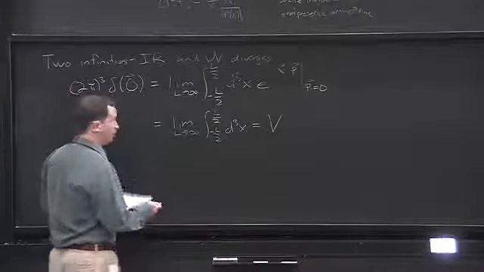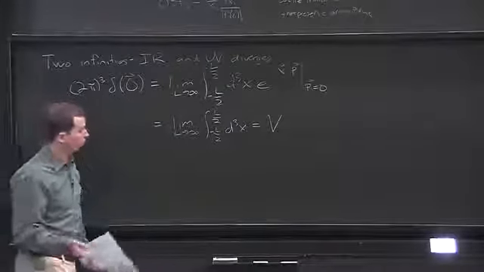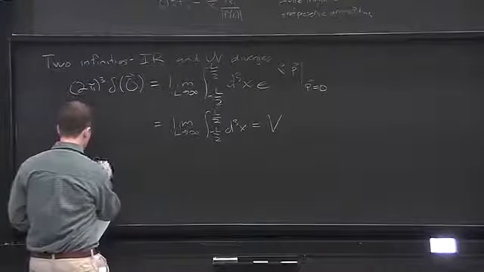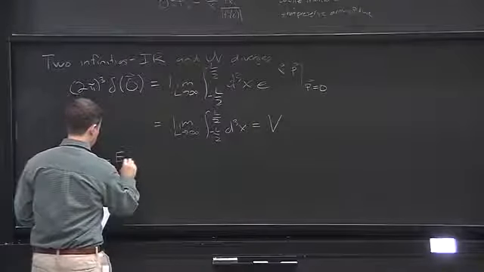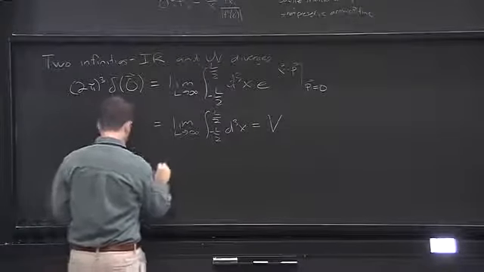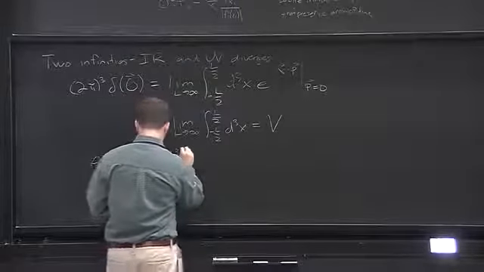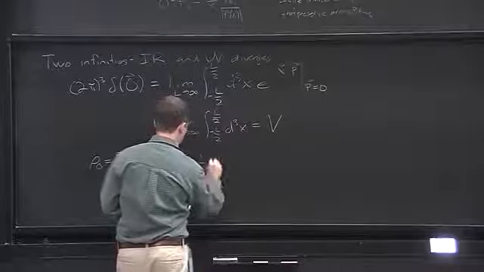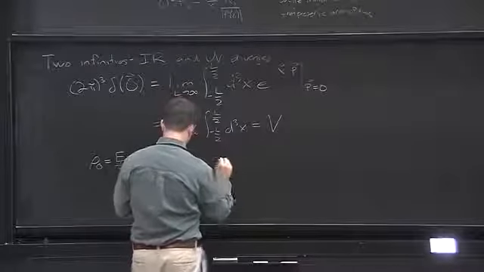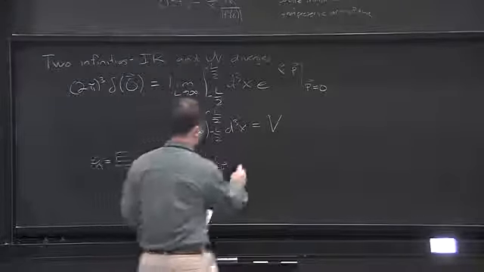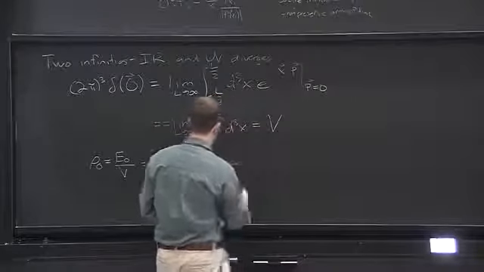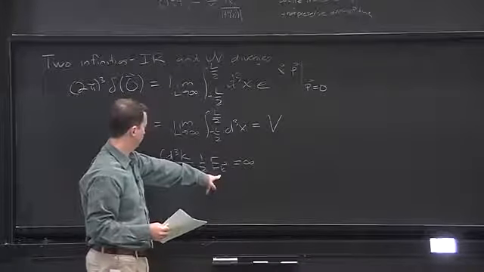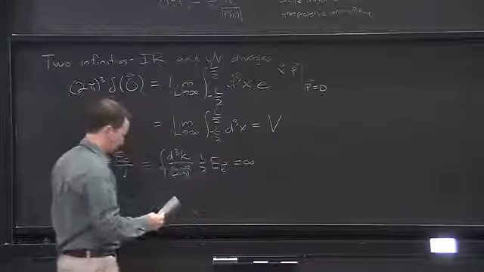And so maybe a better question to ask is, what's the energy density of the vacuum? The energy density should be the energy over the volume. Using our earlier expression, it's just the integral of d^3k over (2π)^3 of half E_k. But this is still infinite. This grows like norm of k squared for k large.